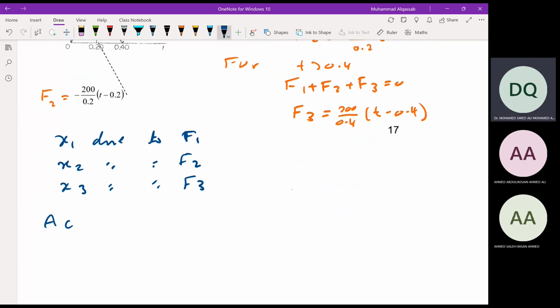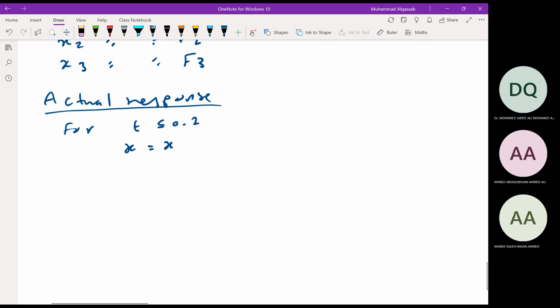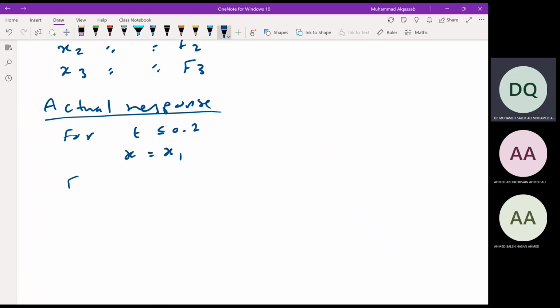and then the actual response will be given by intervals. For t less than or equal to 0.2, we have x equal to x1. You need to continue this. And for t greater than 0.2 and less than or equal to 0.4, x will equal x1 plus x2.